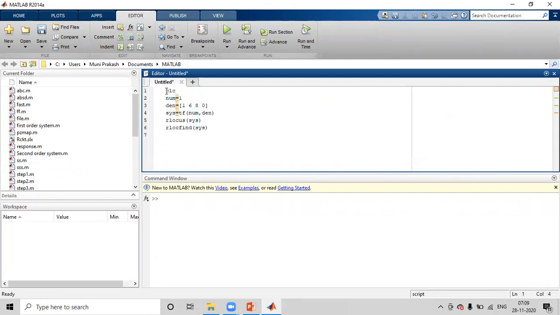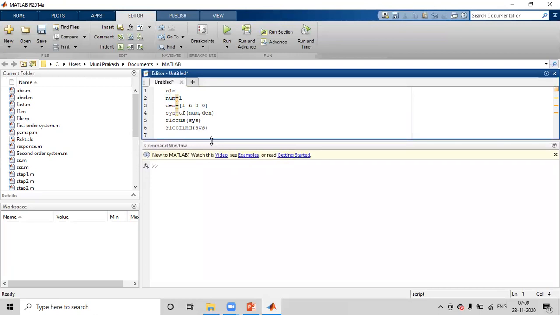It clears the previous data in the command window. So now this is the program: numerator, denominator, and system for the transfer function. For that we implement the root locus, and then need to identify the range of k value, for that rlocfind of system.